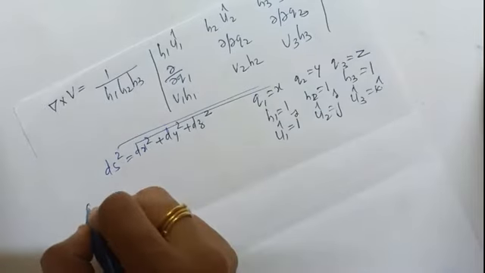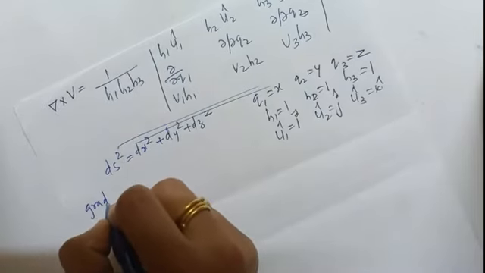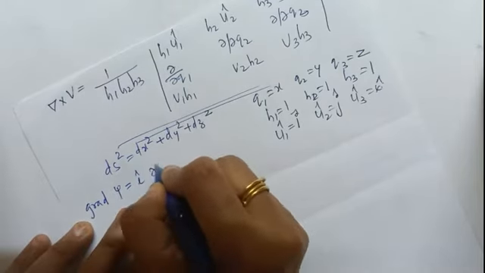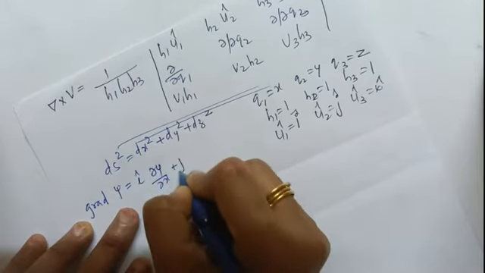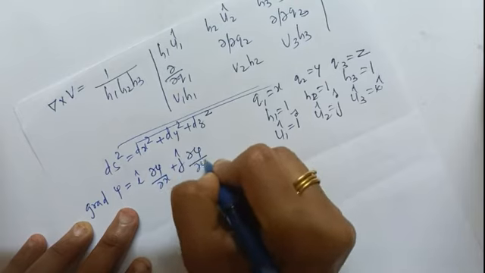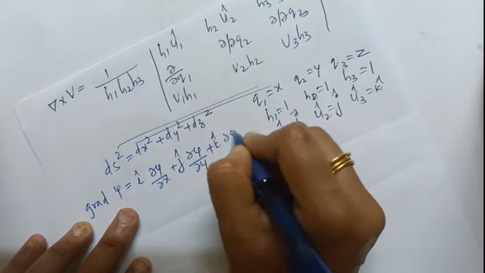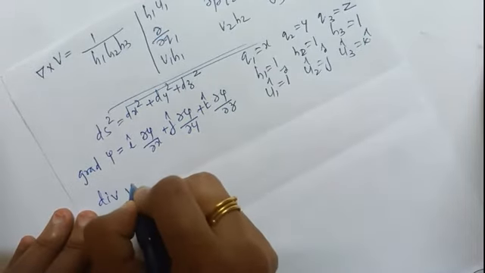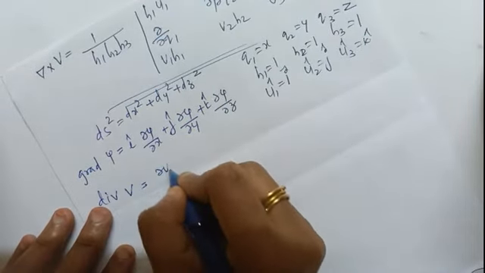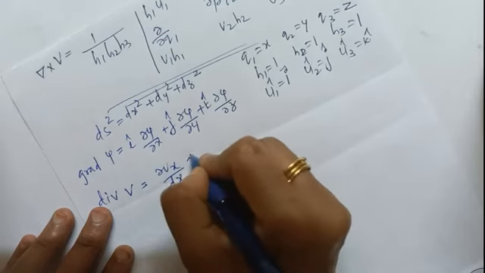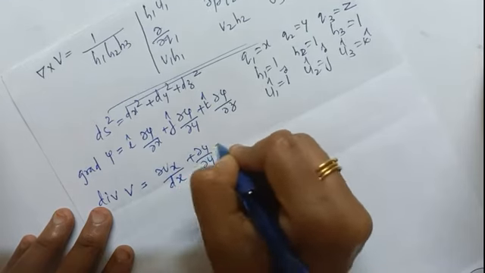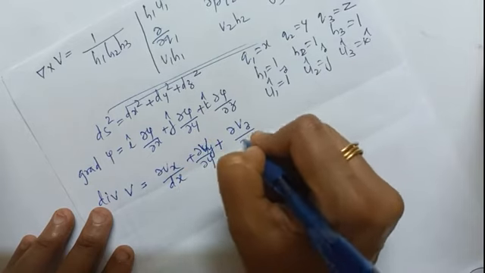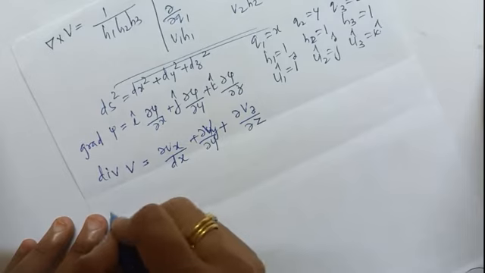Therefore we will write our grad psi as i dou psi by dou x, j dou psi by dou y, and k dou psi by dou z, and the divergence of v as dou vx by dou x plus dou vy by dou y plus dou vz by dou z.